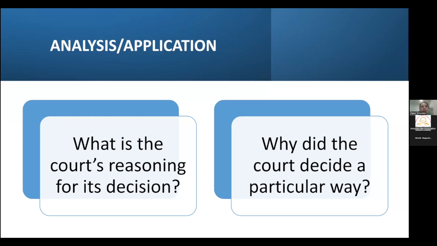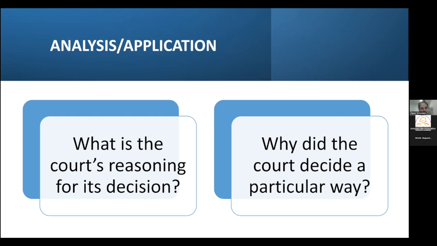So for instance, what's a good example? Say I hit someone, and let's say it's under battery, and battery is the intentional infliction of physical harm to another person. The issue is, let's say, harm to another person. Let's say my hitting of that person wasn't direct, but I snatched a purse out of that person's hand.